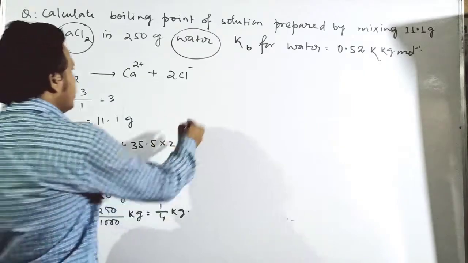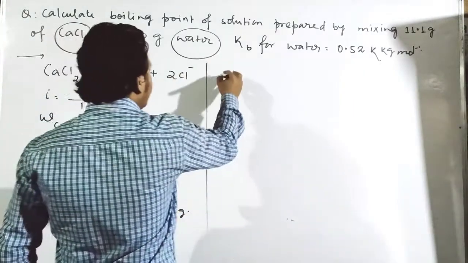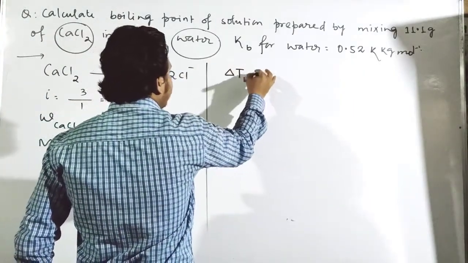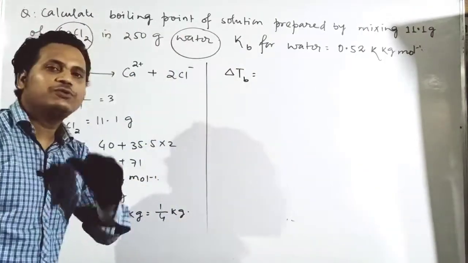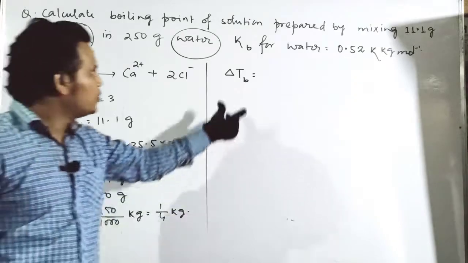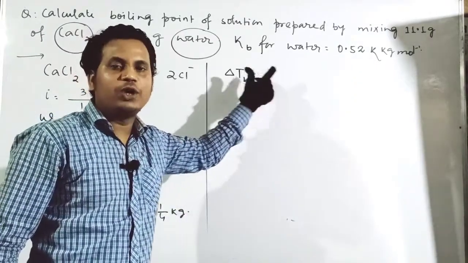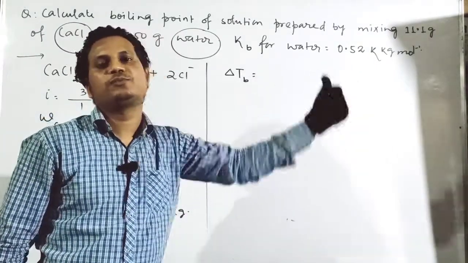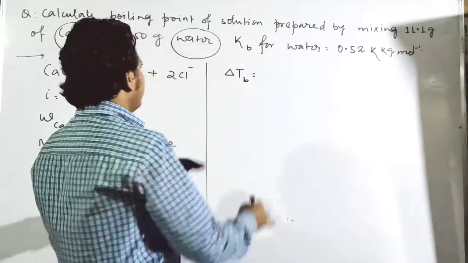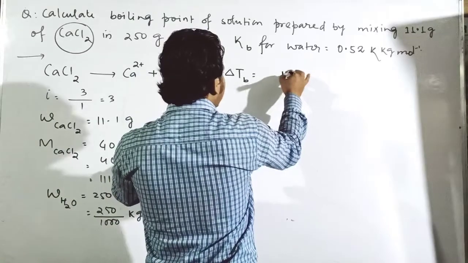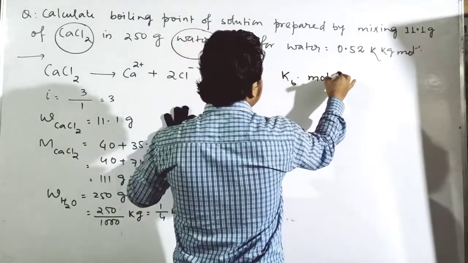Kb is given. Okay, use the formula. First we will find del Tb, and from del Tb we will find the boiling point of the solution. Why? Because del Tb is the boiling point of the solution minus the boiling point of the pure solvent. So first find del Tb. What is the formula? Del Tb is i into Kb into molality.